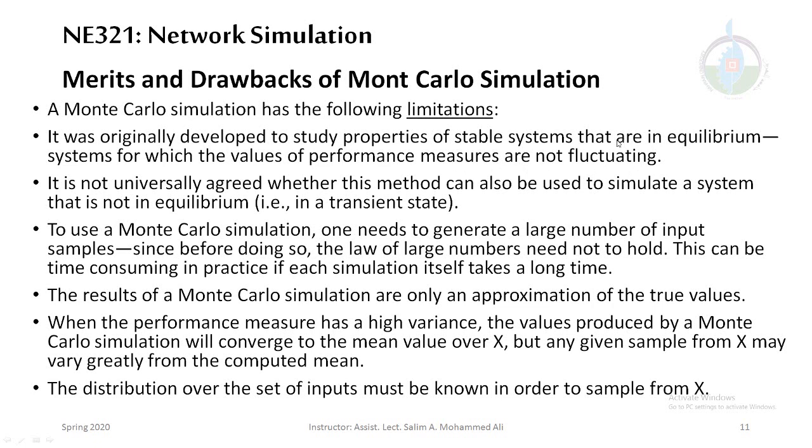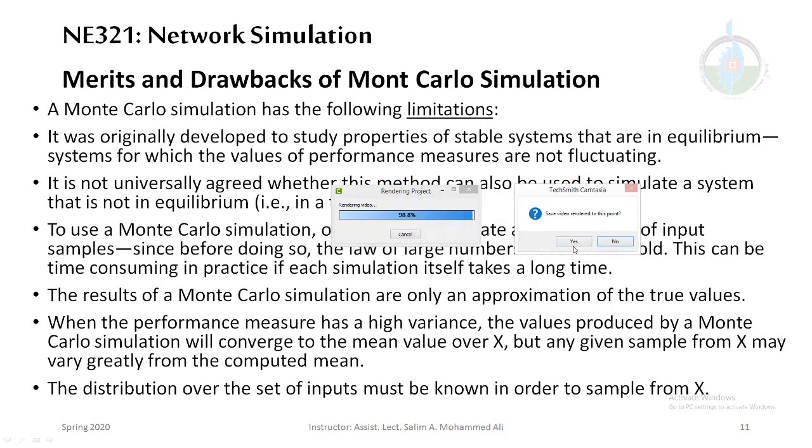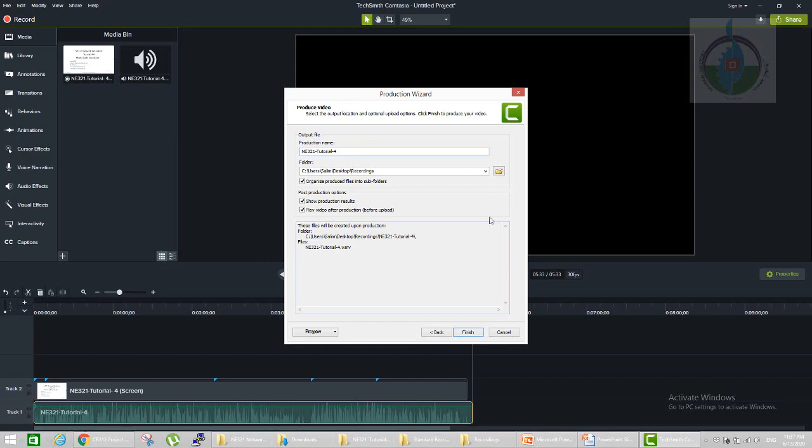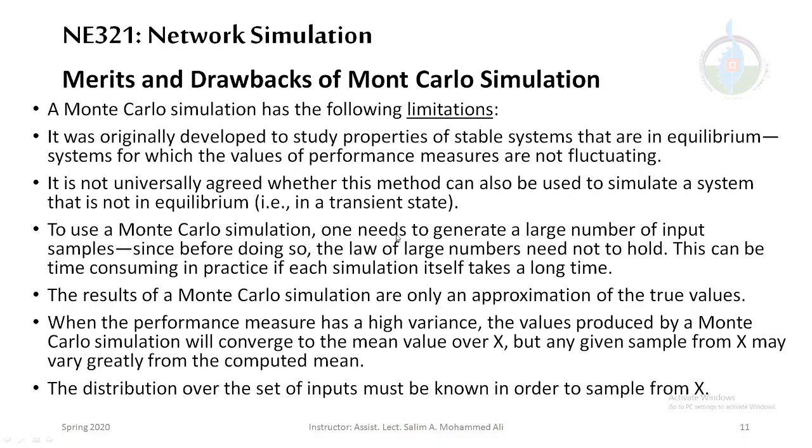If the system is stable, it's okay to use Monte Carlo, but if it's not in an equilibrium position, which many current problems are, with such fluctuation, we can't use Monte Carlo in unstable systems.